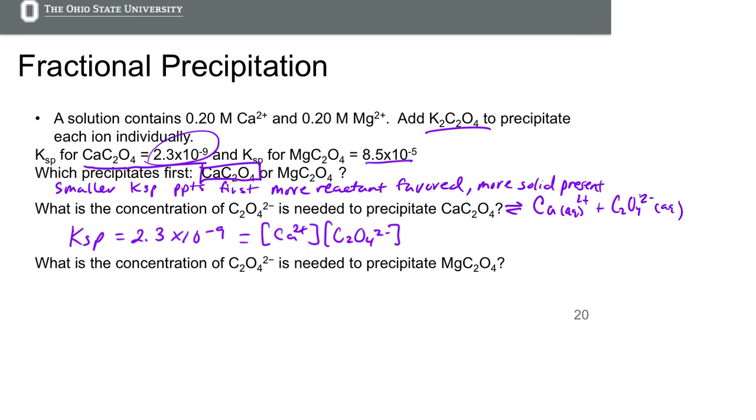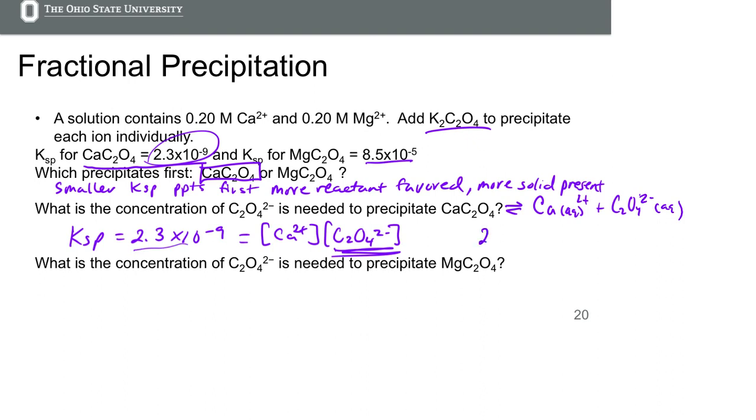Because right at equilibrium, we're going to start forming precipitate. If we add more oxalate, more precipitate forms. Right? So the concentration that is required is the minimum concentration required to start forming precipitate. And mathematically, that means we're solving for this concentration with our K value. Okay? That's saying at equilibrium.